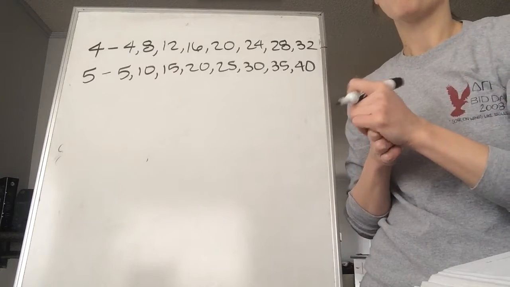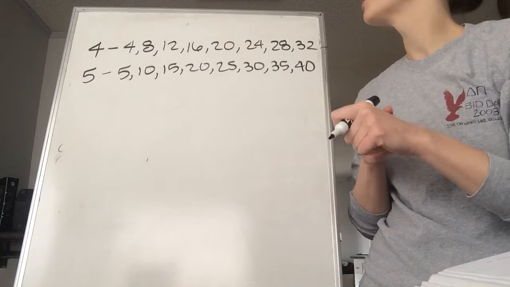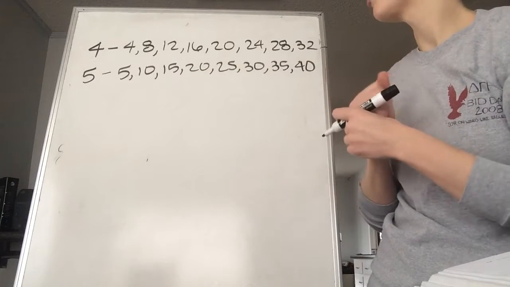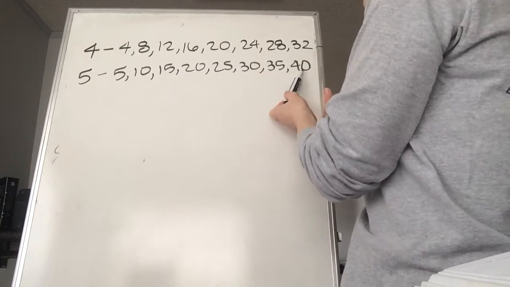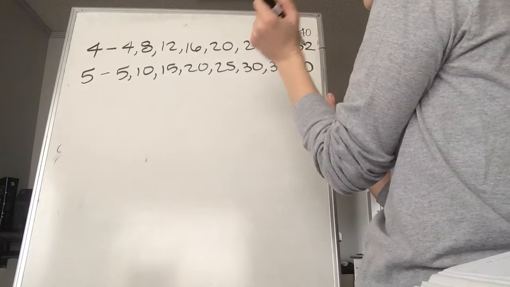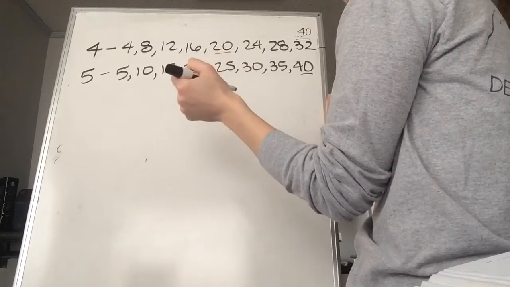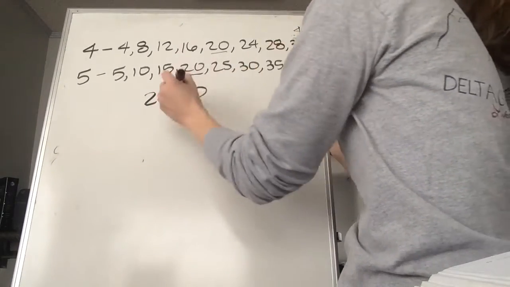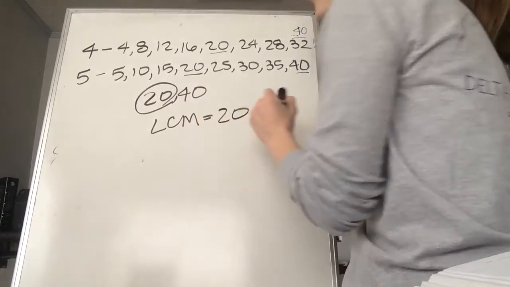Make sure you know all of them, because that's going to be important to know what multiples go into a number, or what factors go into a number, and then what multiples of each number are. Okay, so common among these two: 40 is common among 4, so I'll write that up there because it came later. 20. And nothing else. Okay, so we have 20 and 40. Which one of these is smaller, or the least? 20. So the least common multiple for 4 and 5 is 20.